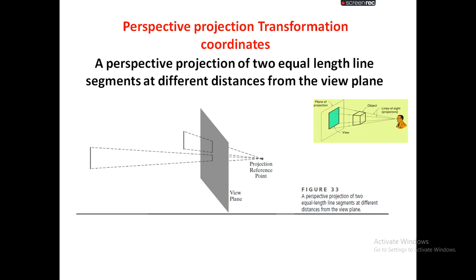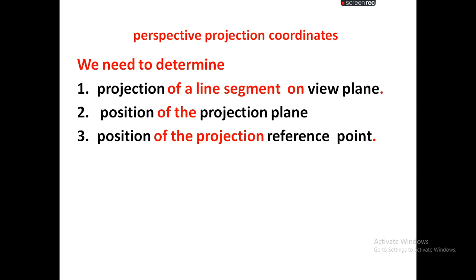Next, we also discussed perspective projection transformation coordinates. I also explained that whenever we want to determine the perspective projection transformation coordinates, we are supposed to determine the projection of the line segment, or the projection of the given object, on the view plane, and we also determine the position of the projection plane.